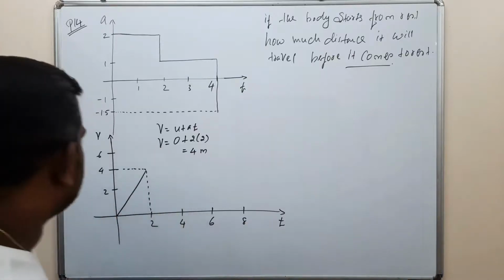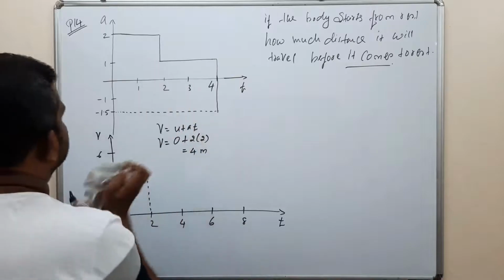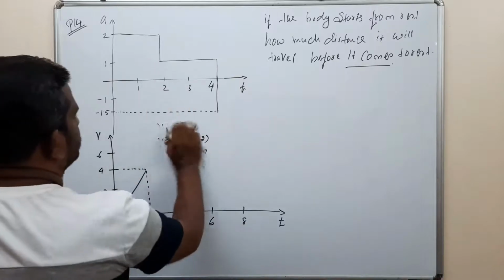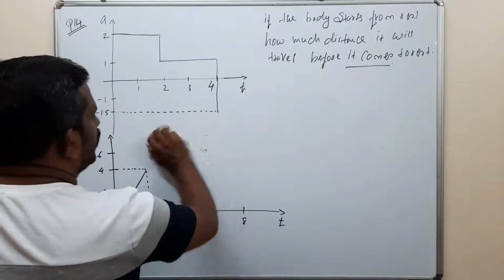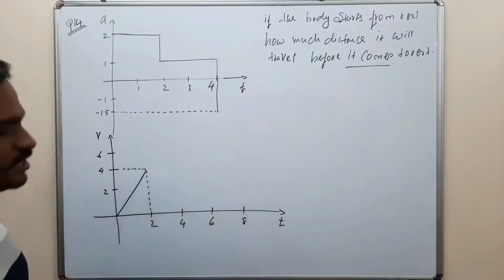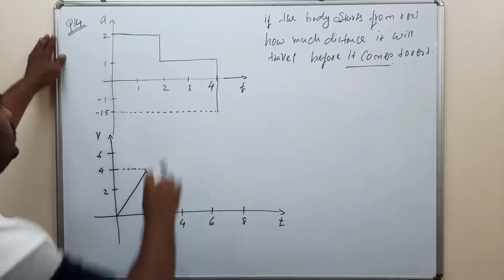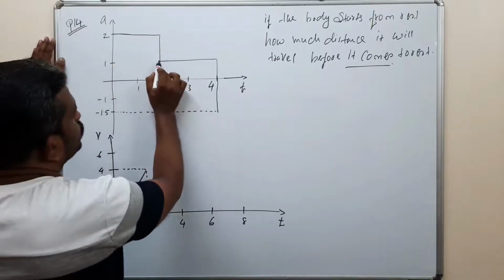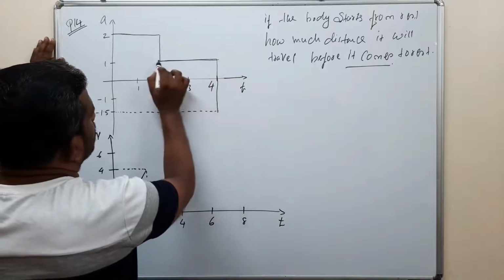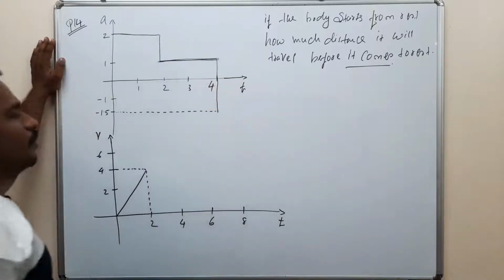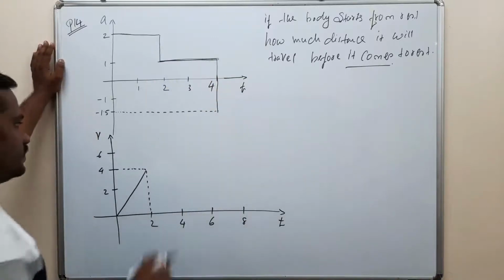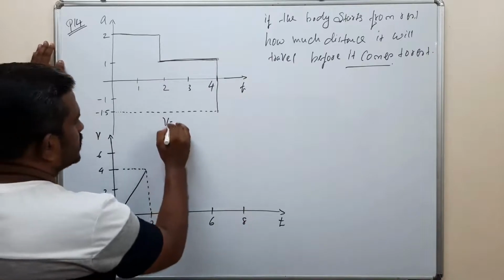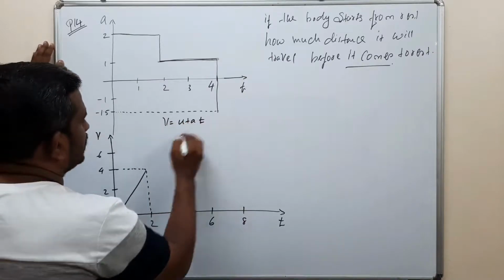Next, from time 2 to 4 seconds, the body moved with an acceleration of 1 meter per second square. So v is equal to u plus at.